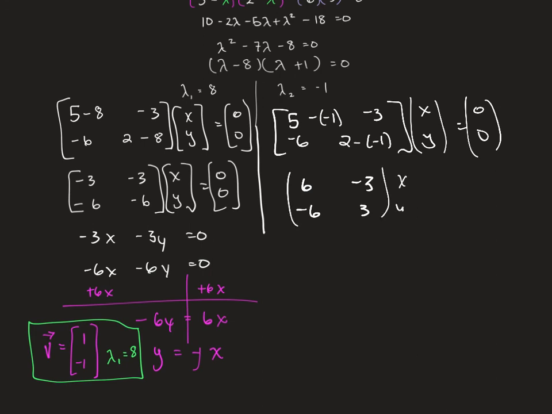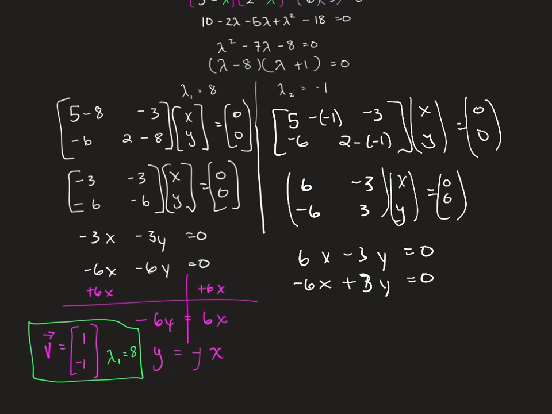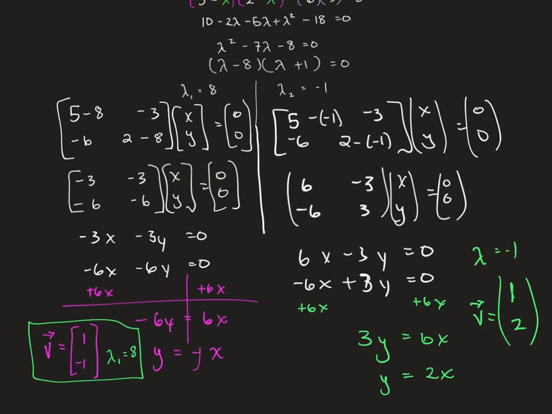I'll get 6x minus 3y equals 0 and -6x plus 3y equals 0. These both have the same solution, so let's add 6x, and we get 3y equals 6x, so y is equal to 2x. If x was 1, y would be 2, and the associated eigenvalue is -1.